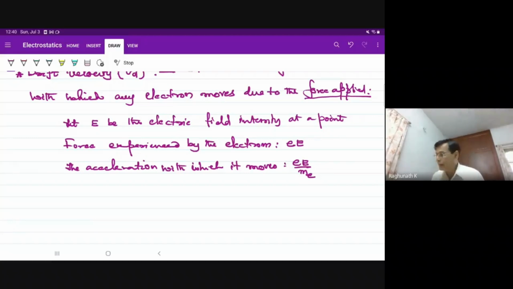Please understand here. It is not moving through free space. It is moving through crystal lattice.